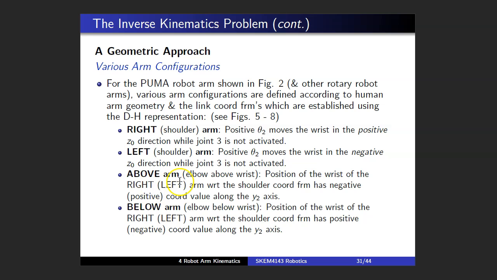It says above arm is when the position of the wrist of left arm, for example, has positive coordinate value along the y2 axis. So once again, if it has an above arm configuration, the position of the wrist of left arm has positive coordinate value along the y2 axis.